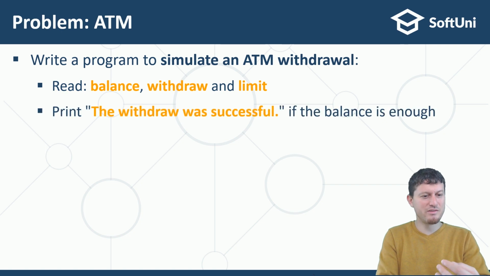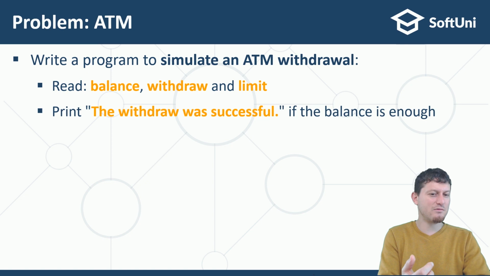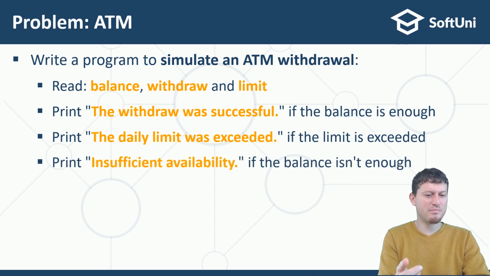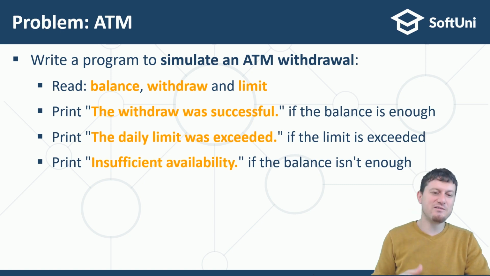And we print the withdrawal was successful if the balance is enough and the withdrawal is within the limits. We print the daily limit was exceeded if the limit is exceeded, and we print insufficient availability if the balance isn't enough. Exactly in this order, because sometimes we might have several errors at the same time.